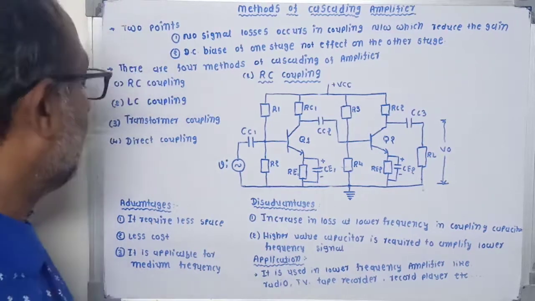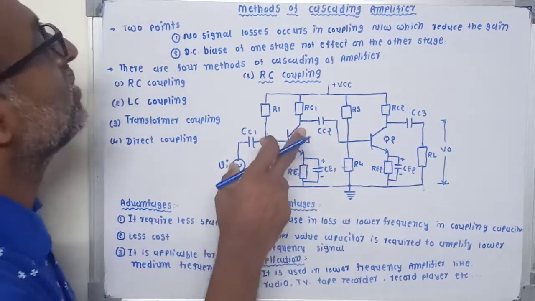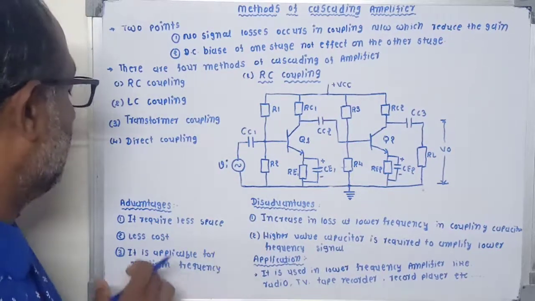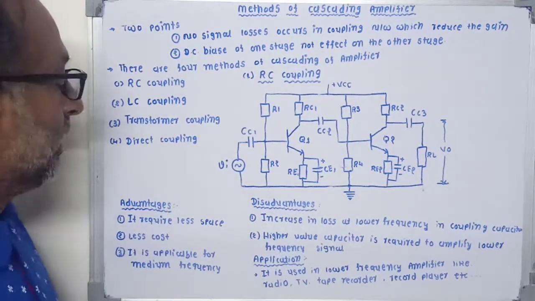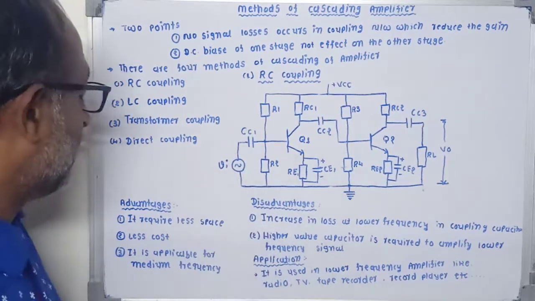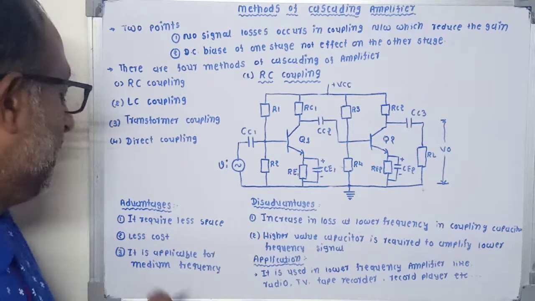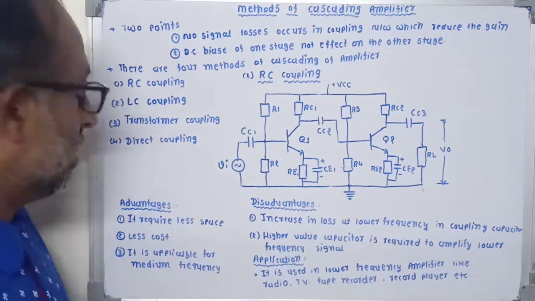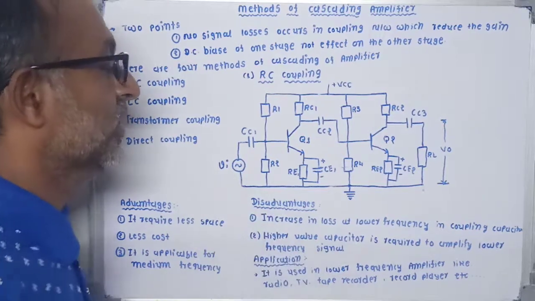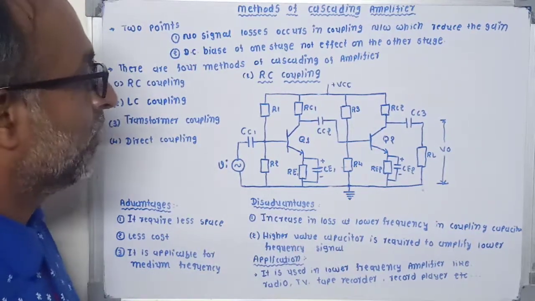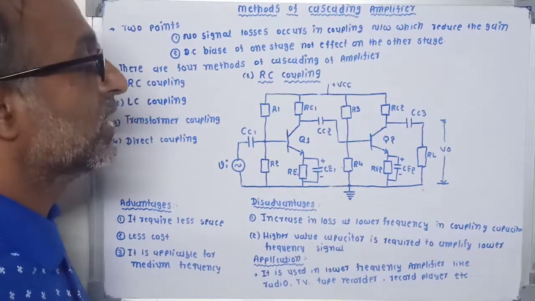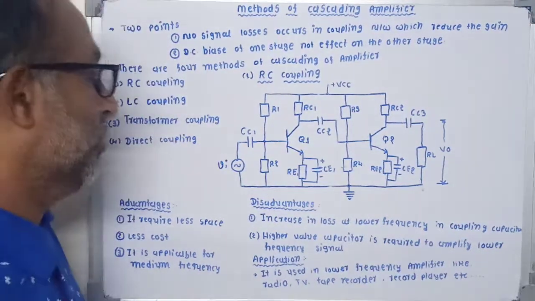And here are some advantages of this RC coupling amplifier. First, it requires less space, the cost of this RC coupling is very low, and it is applicable for medium frequency. Now let's see the disadvantages. The main disadvantage is increased losses at lower frequency in the coupling capacitor.